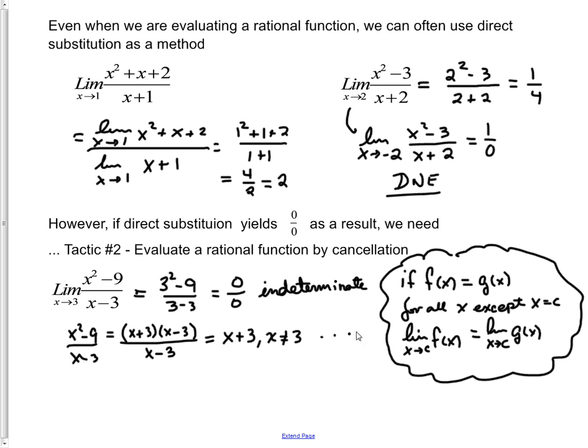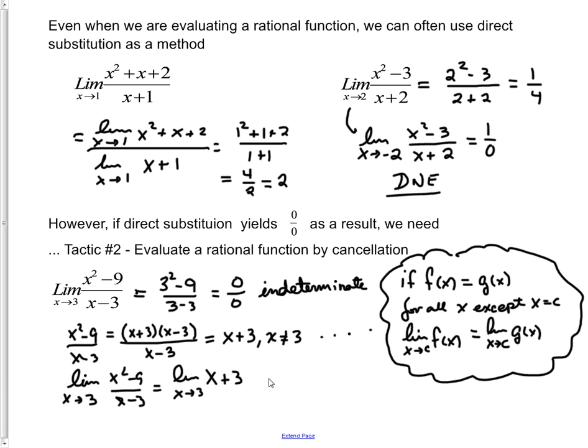which means we go to our theorem right here, which says that if we really wanted to evaluate the limit as x approaches 3 of x squared minus 9 over x minus 3, it would be exactly the same as if we wanted to evaluate the limit as x approaches 3 of the quantity x plus 3.